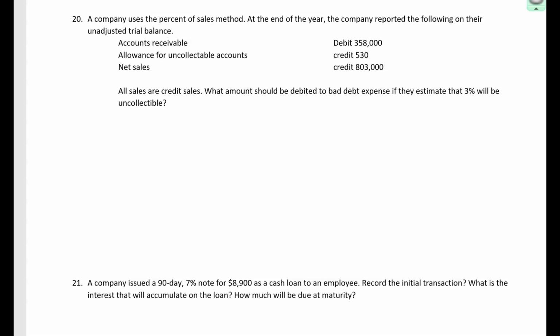Okay, let's figure out what that 3% is. We're going to take the net sales of $803,000 and multiply it by 3%. That's $24,090. That is the amount that they say is going to be uncollectible. Okay, now let's look at the allowance account like we did before.